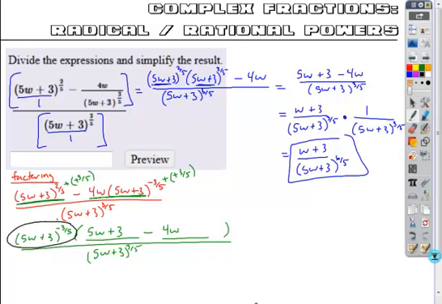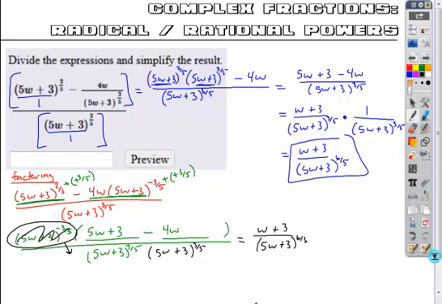Now notice what I can do when I simplify this. I have my negative power that came out. If I move this down to the denominator now, it moves down as 5w plus 3 to the what power? 3/5, right? When I move it from the numerator to the denominator, I change its power from a negative to a positive. And so if I simplify what I have, 5w minus 4w is w plus 3 all over, in my denominator, I have exponents with the same base, so what can I do with their powers?